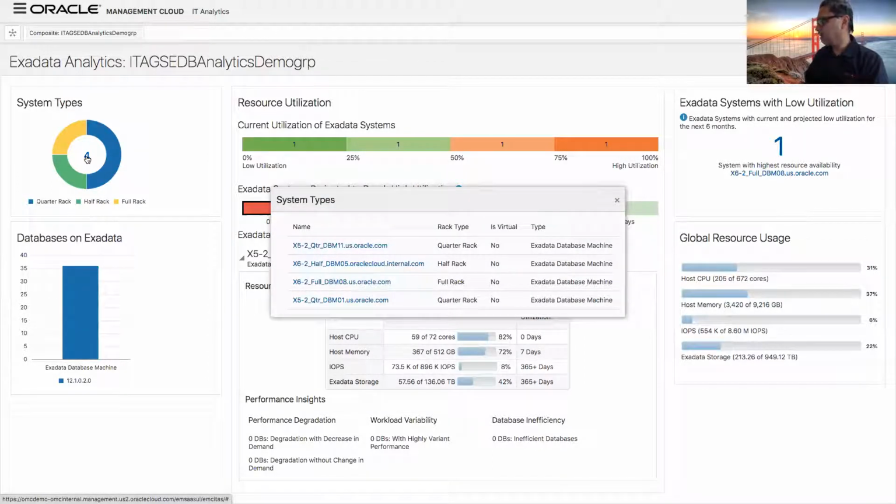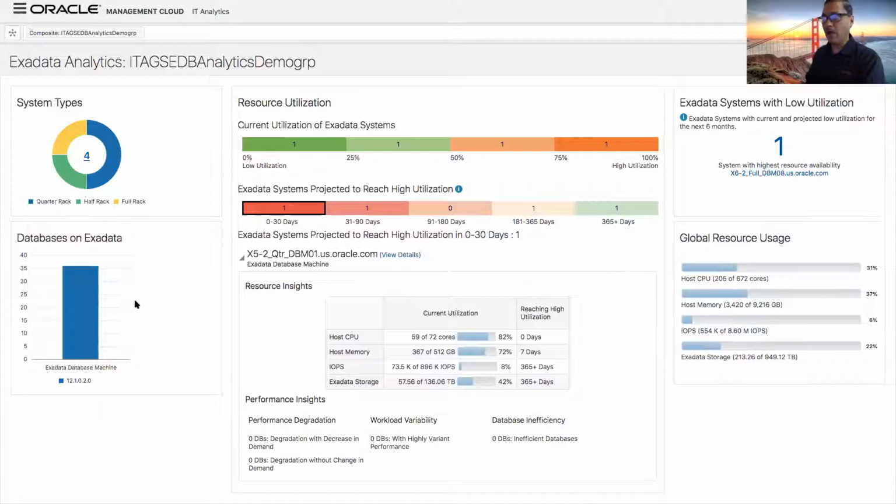It tells me the type of my databases first, whether it is a quarter rack, half rack, or full rack, whether it is virtual or not. That also is analyzed out of the box. Then the second thing is the analysis of databases on these Exadata boxes. Whatever versions and so forth, we will get a histogram of those.